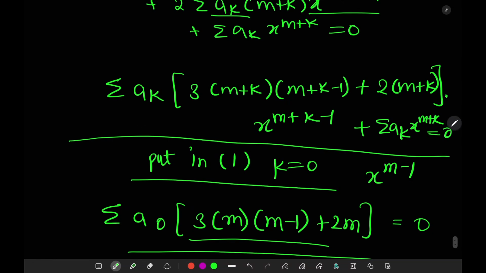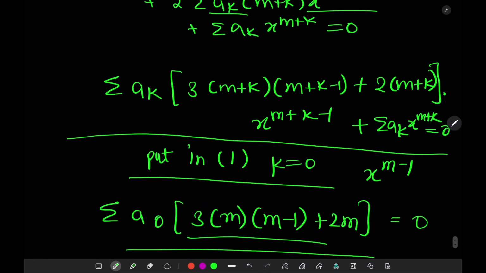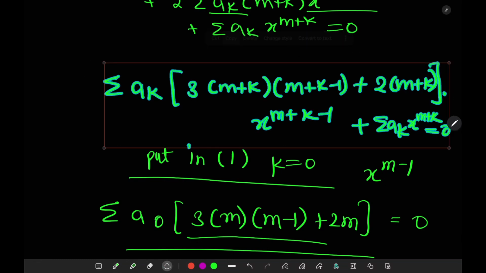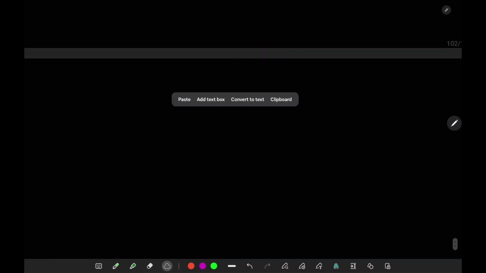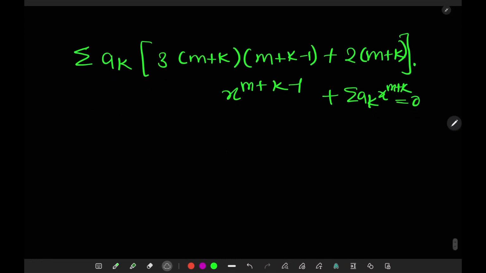As you see here, now putting k equal to 1 in summation first and k equal to 0 in summation second, we get this.